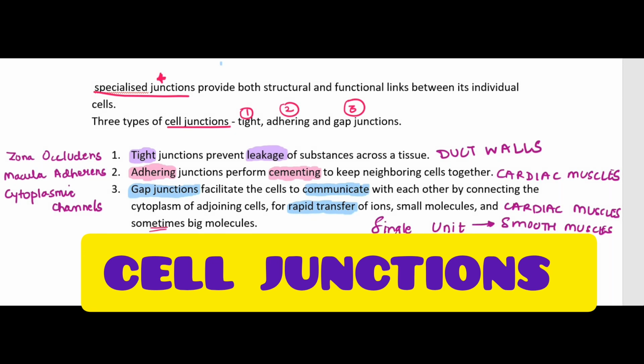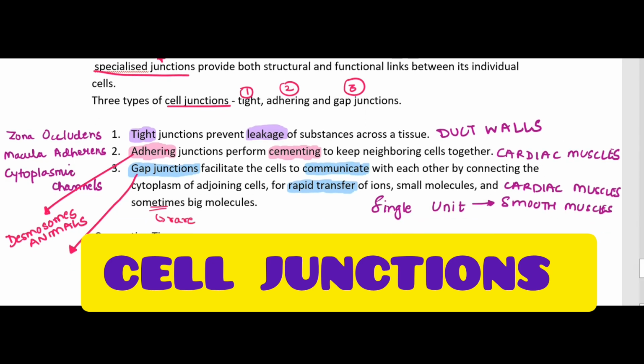Adhering junctions are also known as desmosomes in animals, and gap junctions are also known as plasmodesmata in plants. Remember, in the chapter Cell, the Unit of Life, I had talked about plasmodesmata. Yes, plasmodesmata connects the cytoplasm of adjacent cells.